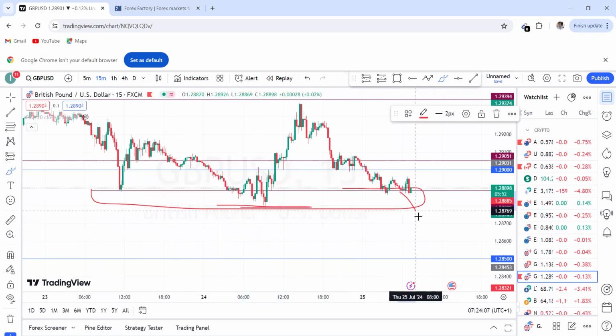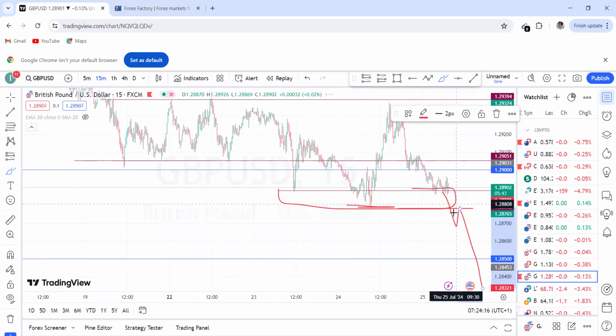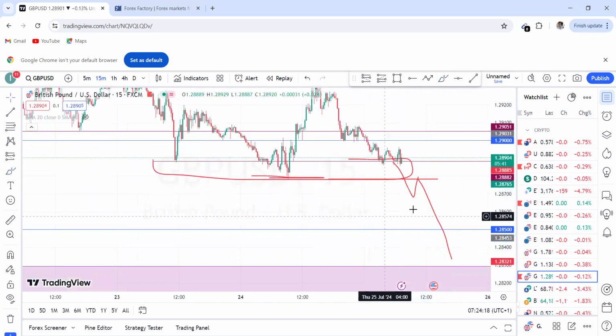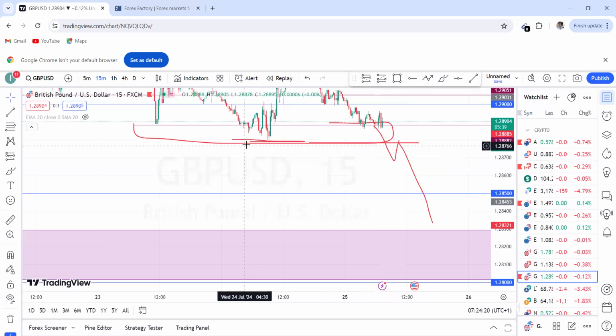Should it cross it and then give a retest of it, then I will join on the retest of this zone right here. And then I'll be expecting it to come all the way down, all the way down here. So this is what I'm expecting on this pair. I'm expecting a break of this zone right here and then a retest of it. Then I would want to join for a sell.